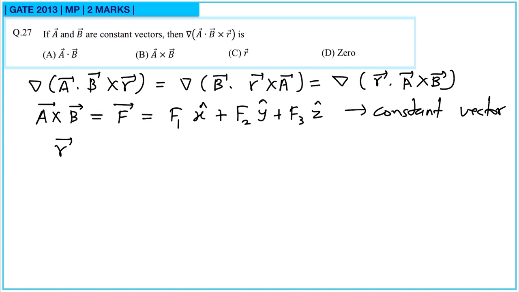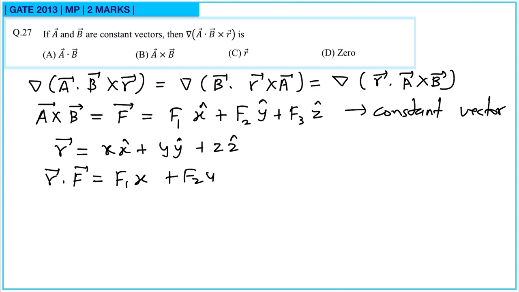Now we have r bar is equal to x x cap plus y y cap plus z z cap. So let us consider this dot product. So r bar dot f bar is equal to f1 x plus f2 y plus f3 z. So we are taking gradient of it, so this will be gradient of this r bar dot f bar.